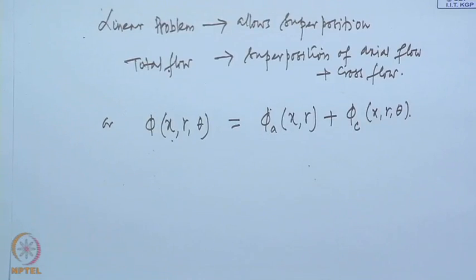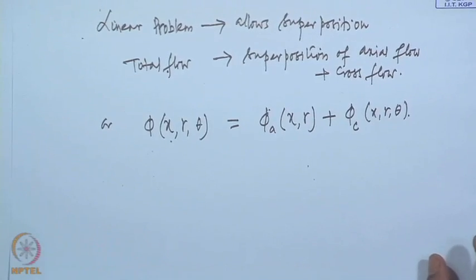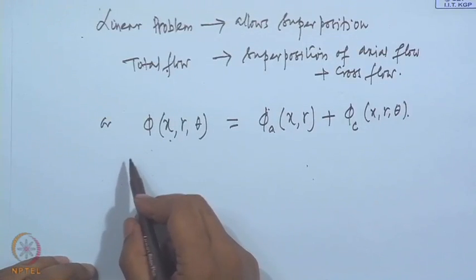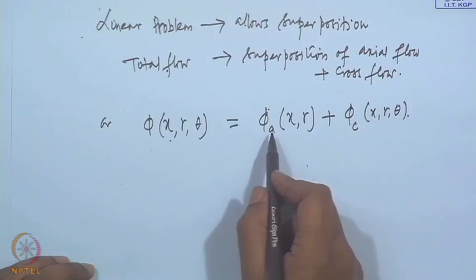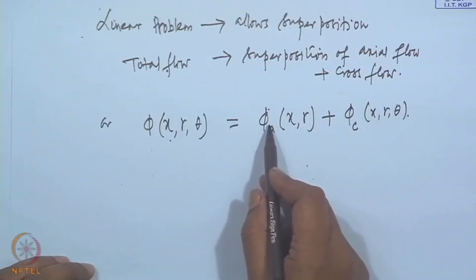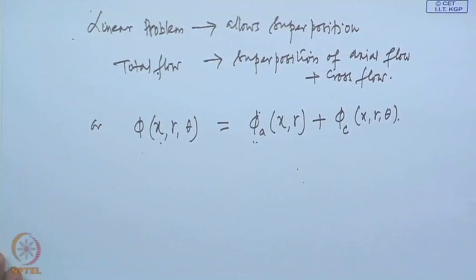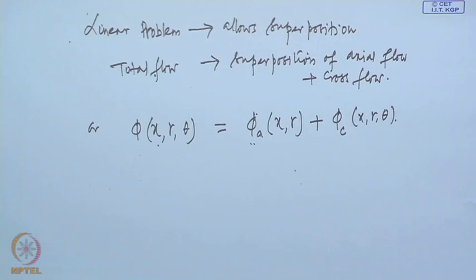Now, the axial flow solution we have already discussed how to obtain. If we want to solve this axial problem separately, it is essentially required that our boundary condition can also be split into axial and cross flow component parts.